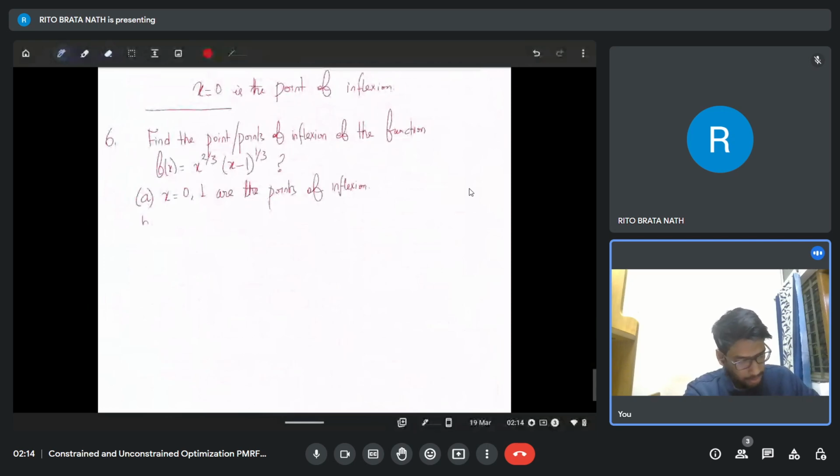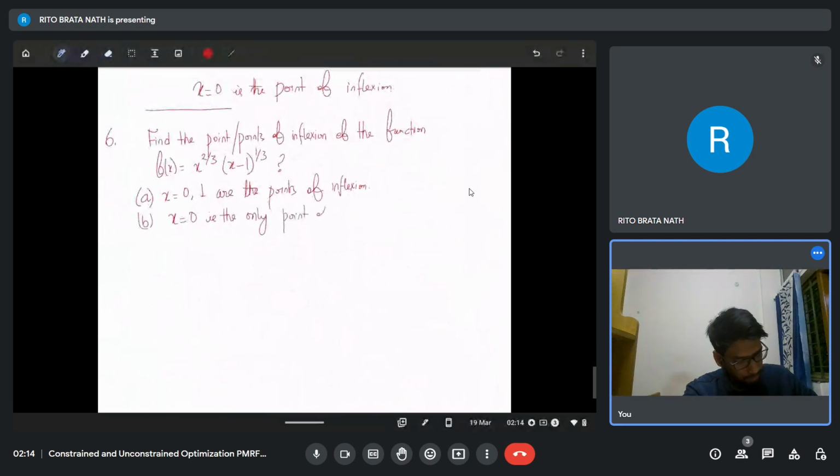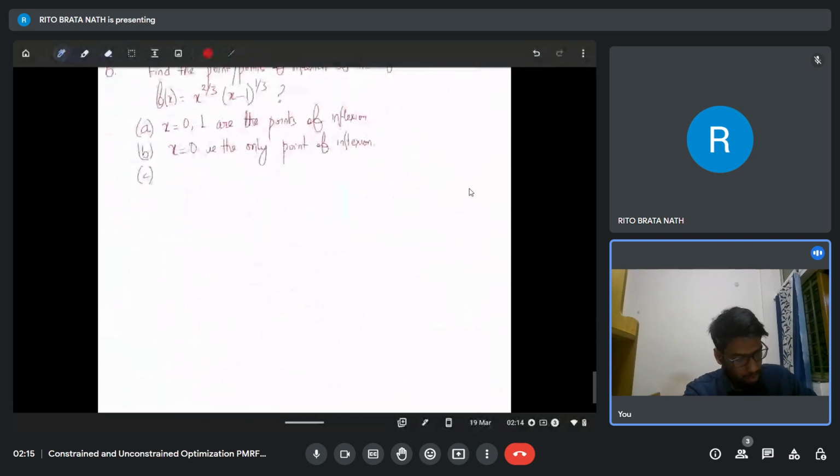Option B is x equals 0 is the only point of inflection. Option C is x equals 1 is the only point of inflection.